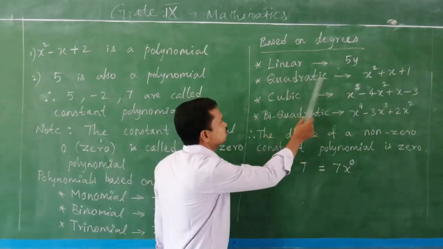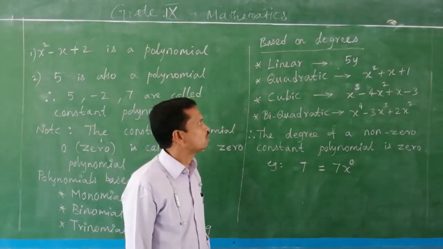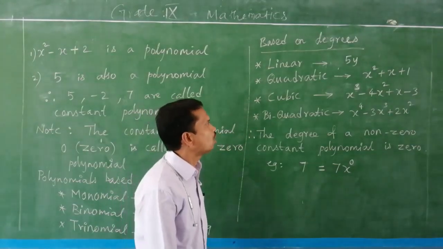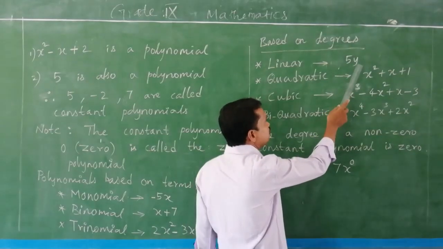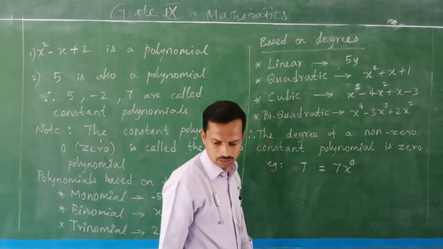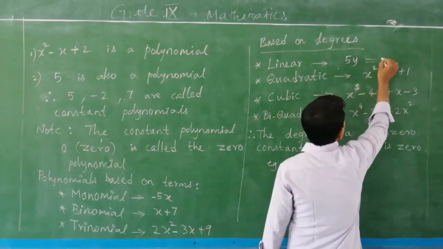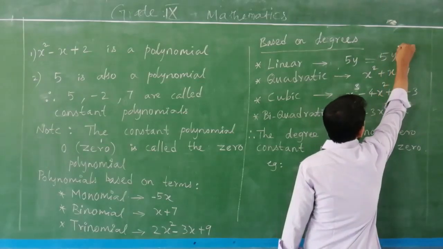So linear means we have to focus on the degree of the variable y here in 5y. The degree of the variable y is 1. That is, 5y we can write as 5y power 1.